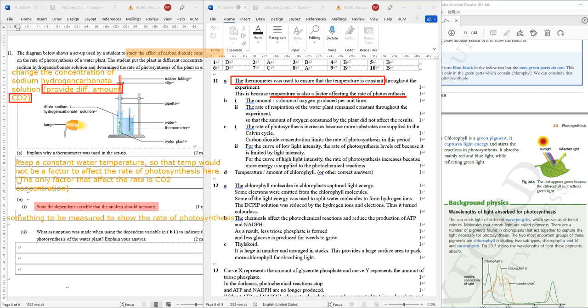Something to be measured. So as a result, we should measure the amount of oxygen produced.